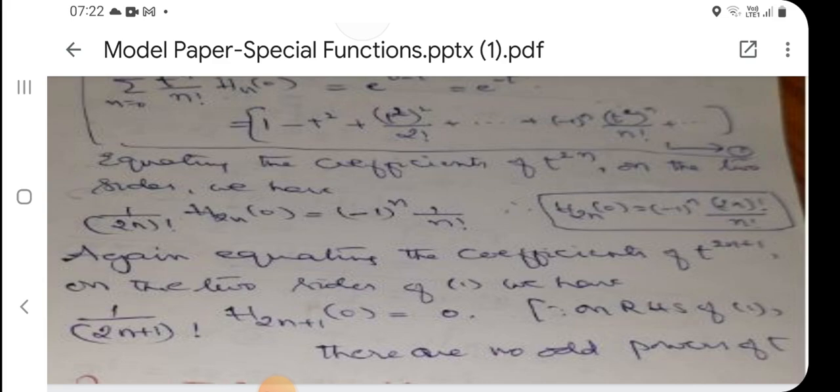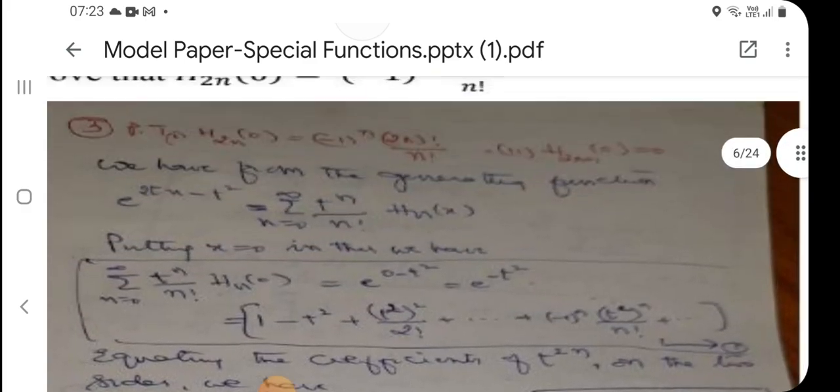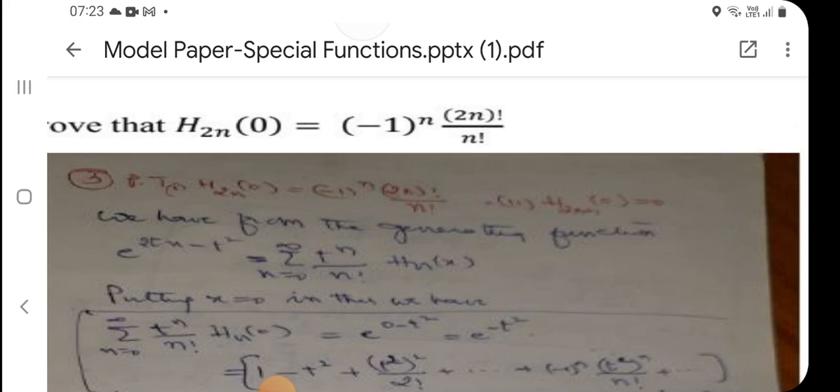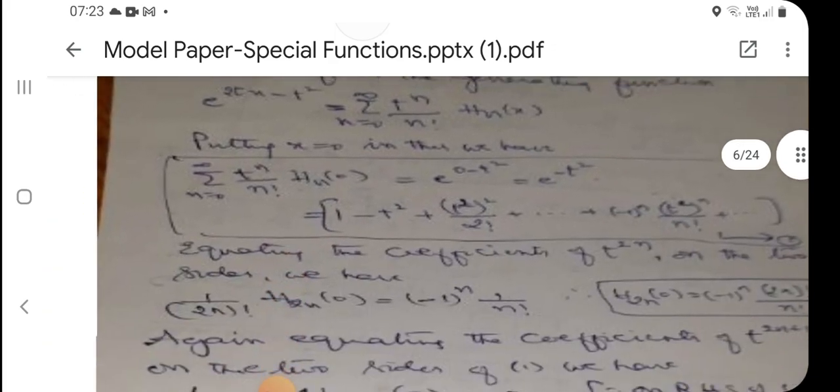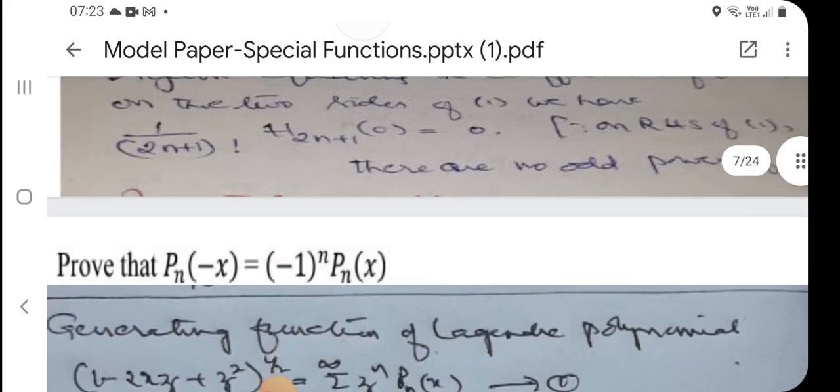So 1 by (2n+1)! into H_{2n+1}(0) is nothing but 0, because there are no odd powers of t. Thus we prove that H_{2n}(0) equals (-1)^n (2n)! by n!, and H_{2n+1}(0) equals 0. Okay, I hope this is clear.